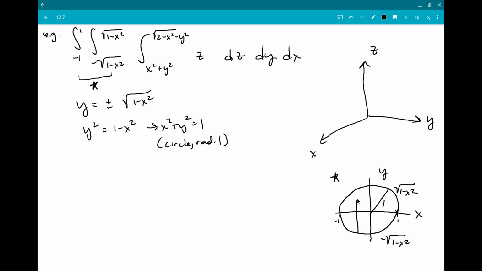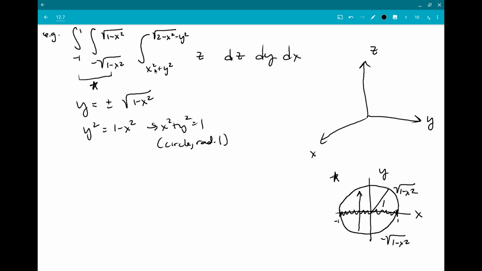I start down here, go up here, and my x has limits from -1 to 1. I'll do it like this. That's kind of a way that we represented interval limits versus curve limits before. Okay, so I understand what these two are telling me.